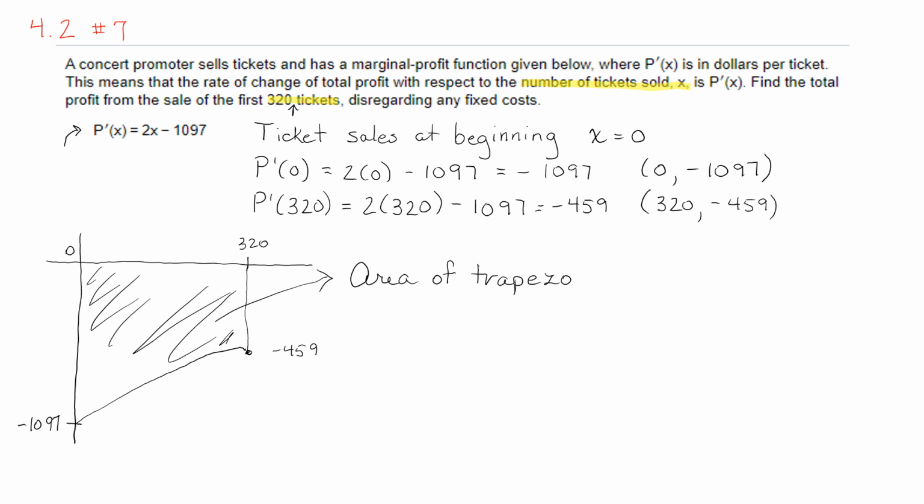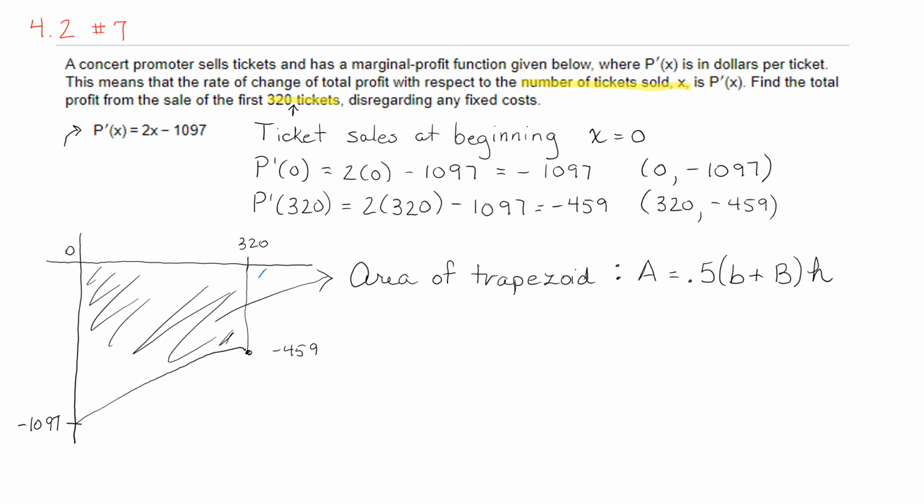You probably haven't used the area of a trapezoid for a while. So the area is equal to 0.5 times one base plus the other base times the height. So let's get in there and assign what our bases are. The bases of a trapezoid are parallel to each other.